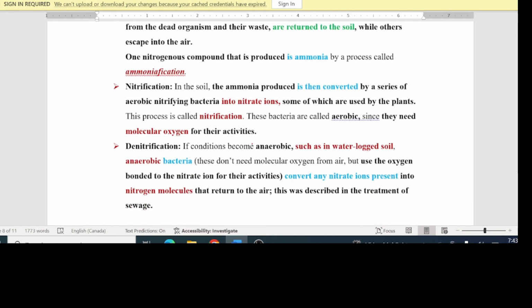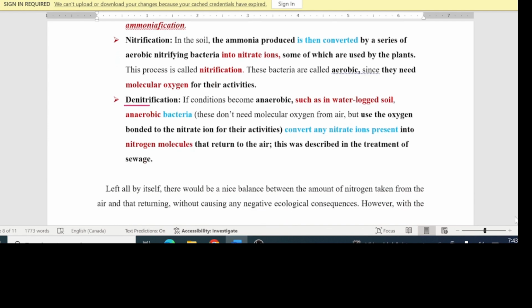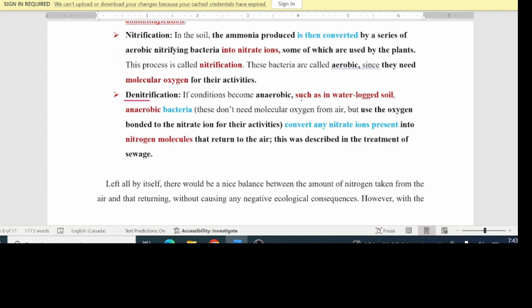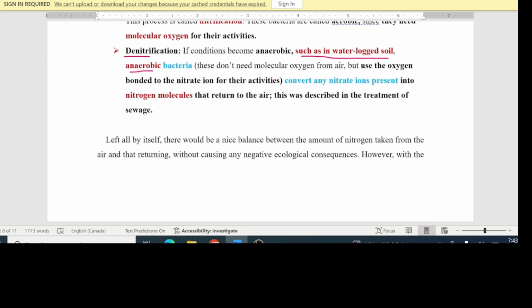Nitrification, same thing, we described this already. And denitrification, if it encounters anaerobic conditions, as happens when there's a water log in the soil, that causes these anaerobic bacteria to use the oxygen connected to the nitrate ion for their cellular respiration, and the nitrogen gets freed up to go back into the air.